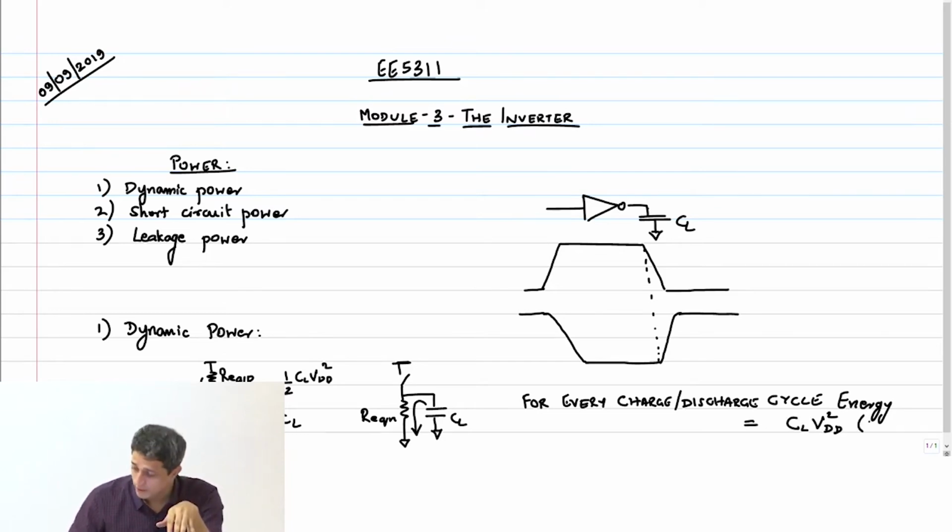Of course, this is going to be in joules because this is energy. Now what we are talking about is dynamic power. When we say dynamic power, it is only the power that is dissipated because of charging and discharging that load capacitor, including its own capacitance actually. That total capacitor, that's the power that we are referring to in dynamic power.